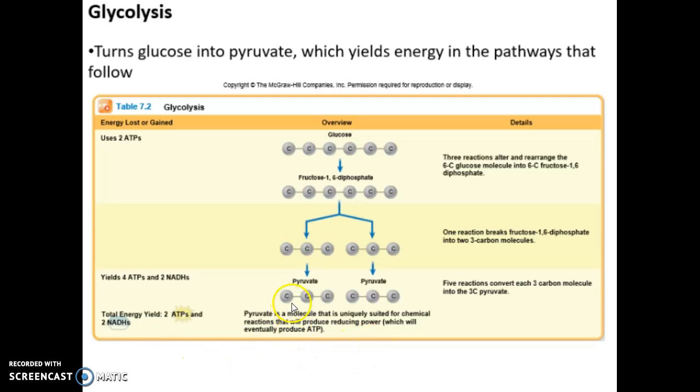So the end product is 2 pyruvate molecules, 2 ATPs, and 2 NADH. The specifics of the 2 NADH are not important for glycolysis, but rather the understanding that these NADH molecules are going to be used further down the line.